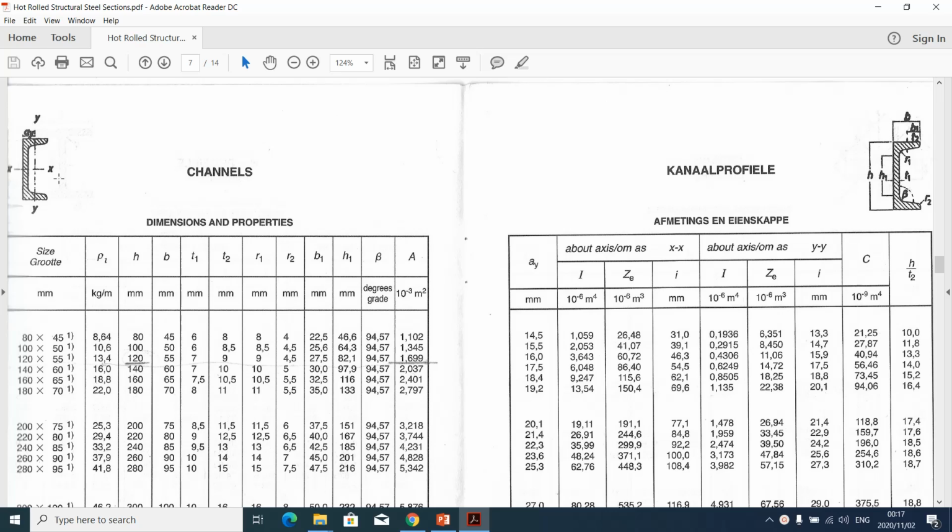If it was upright like this, you would go to XX to locate your inertia, but now it's no longer upright. You have to come here to YY, which is 1.135. Remember, multiply by 10 to the power minus 6, meter to the power 4.